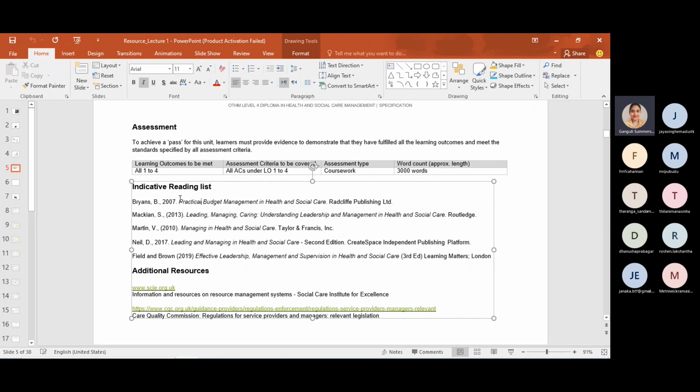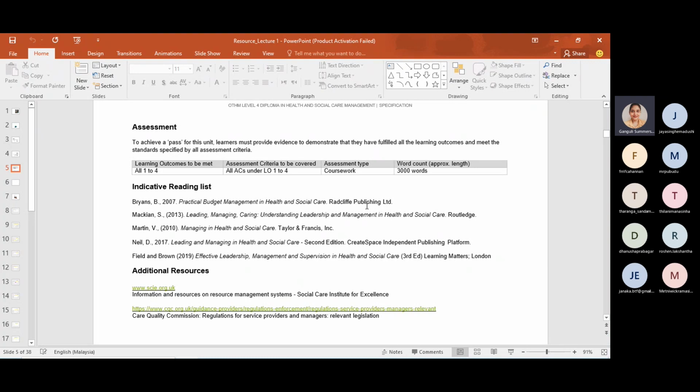Just type the name in and search in Google. These resources will be helpful for you in the process of learning this subject, not only for doing the assessment but also to understand the subject, because they carry additional information about it.